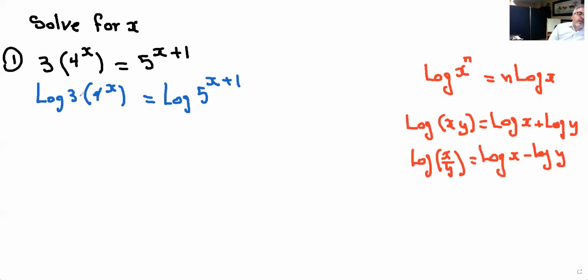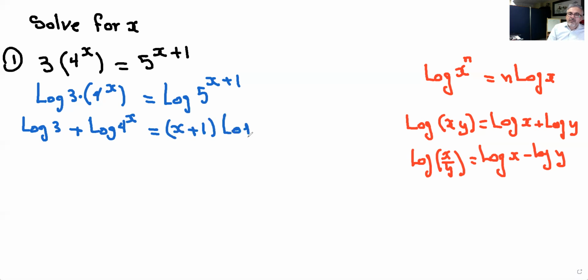Now here, if you look at 3 times 4 to the x, and you log the whole thing, you have to use the addition rule to break this down. So you change this to log 3 plus log 4 to the x equals, I'm going to bring the x plus 1 down in front of the log.